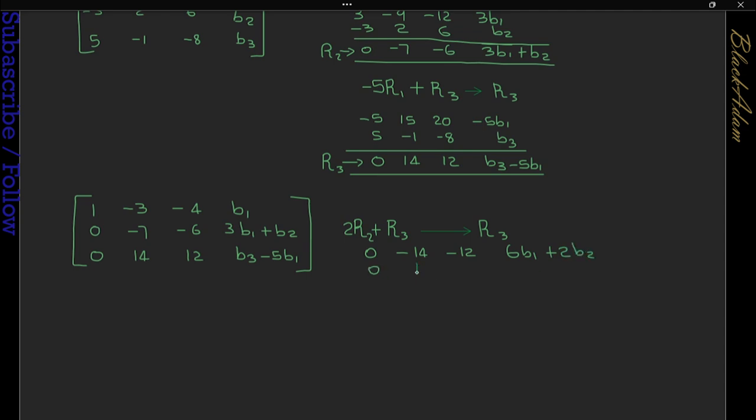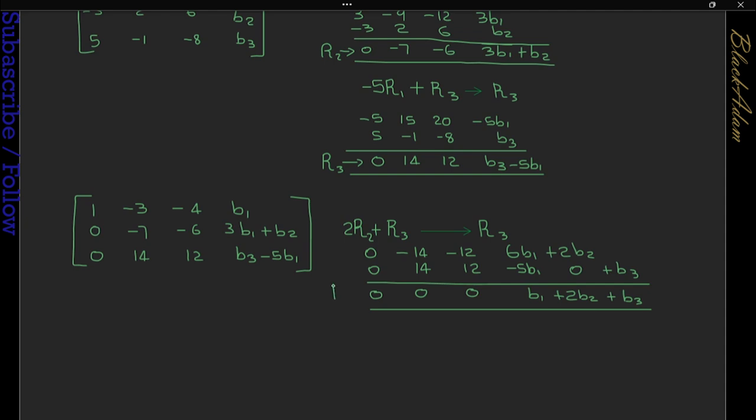Then we have 0, 14, 12, and -5b1 plus b3. Adding them together, 0, 0, 0, and then we have b1, 2b2, plus b3. So that's our final answer.